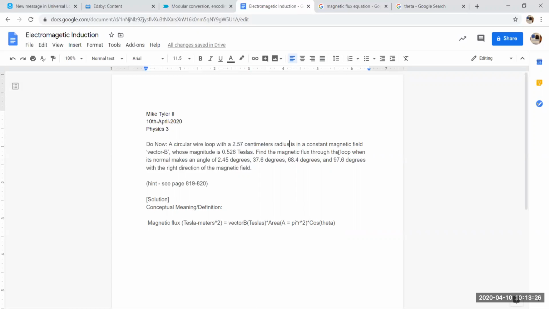Radius is in a constant magnetic field. So what is that? Where do we use that? That's R, right? So let's break it out and do our unknown and known values. So what are we given? Given values. That includes what you're not given. You gotta ask yourself, what are they?